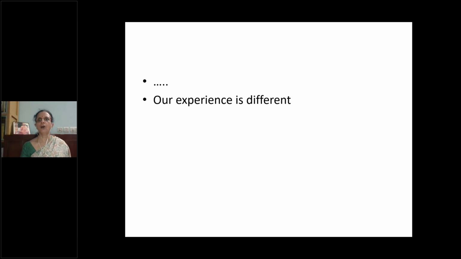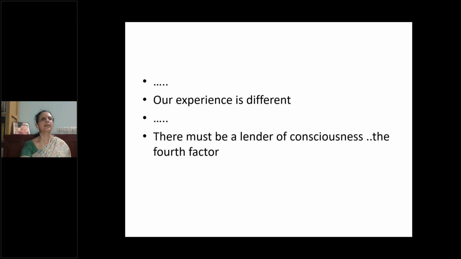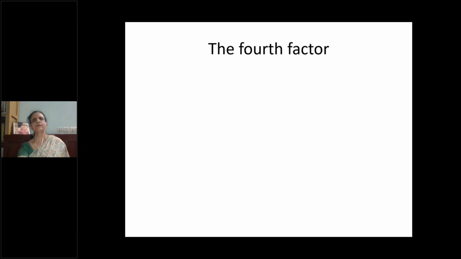This lender of consciousness is the fourth factor beyond the three factors that we already see. We already saw Sthula, Sukshma, Karana, Shariraat Vyatiriktaha. There is a fourth aspect, which is consciousness, and that has been lent. Other than these three factors, there is a fourth factor, which is actually lending the consciousness to the Shariratrayam. Very, very important aspect. Now, the fourth factor.